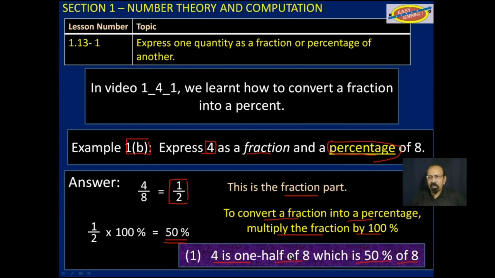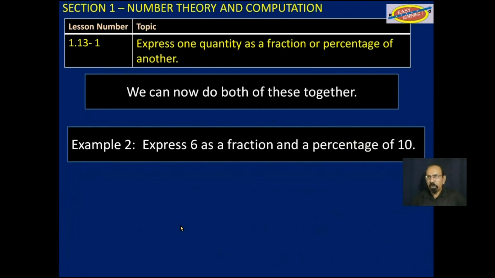And that is the basic principle that we will use for the rest of this video, until we come down to the end, where we will look at an example where we will bypass the fraction and go straight to percentage. So now we could deal with both of these together, express 6 as a fraction and as a percentage of 10.